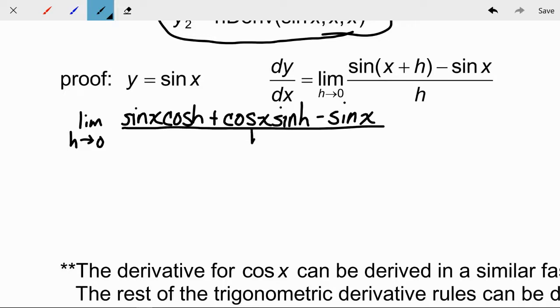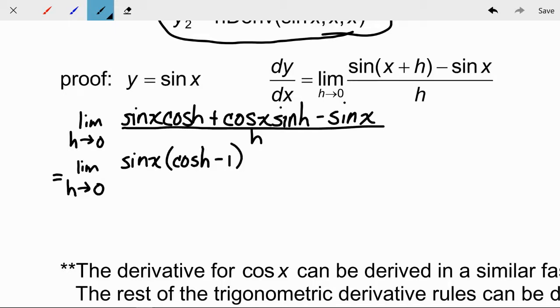So in the denominator here, I still have h. Now, I've still got the same equivalent expression to what I started with. The only thing I did was write it in a different form. And now I'm going to group things together in a way that's going to allow me to solve this. So I could rewrite this as the sine of x times the cosine of h minus 1.